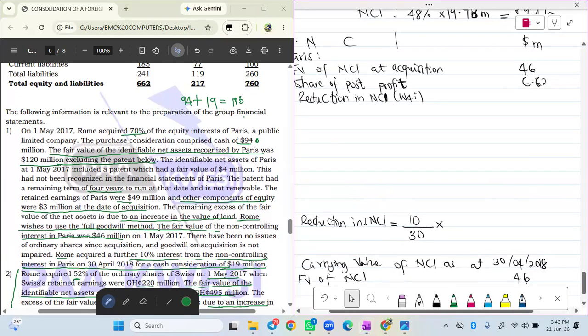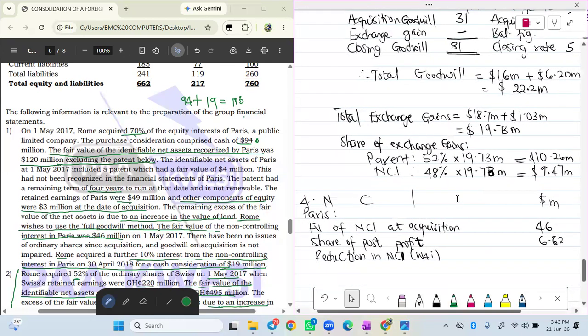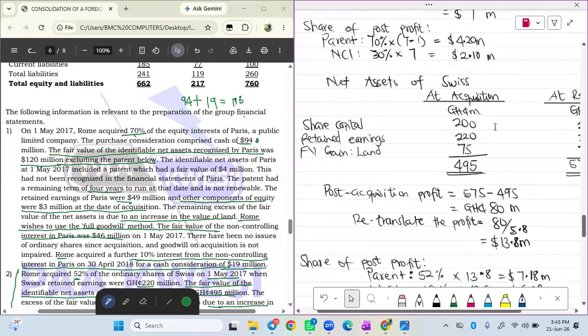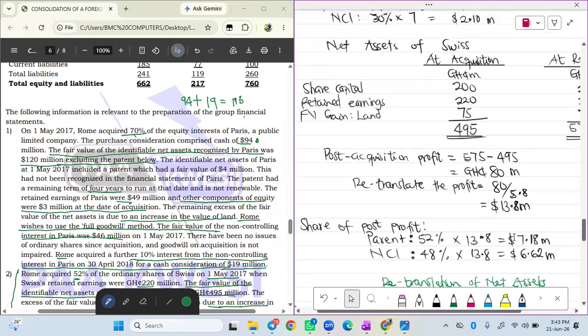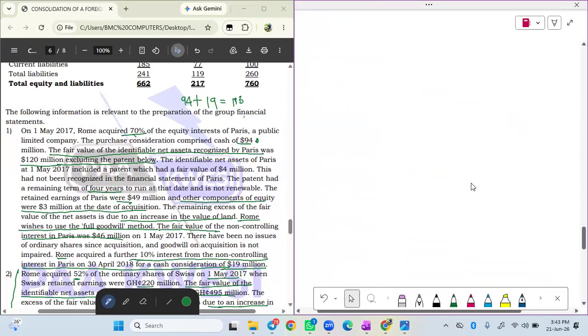Is the NCI right? So the 6.62, I think, was for Swiss. I'm trying to correct: I picked the share of post profit for Swiss, 6.62.